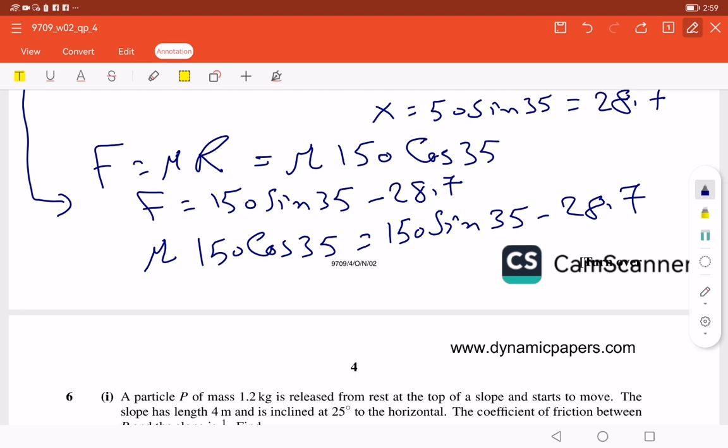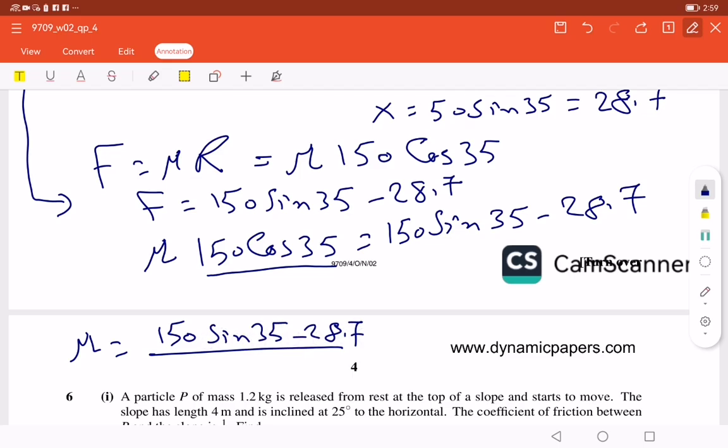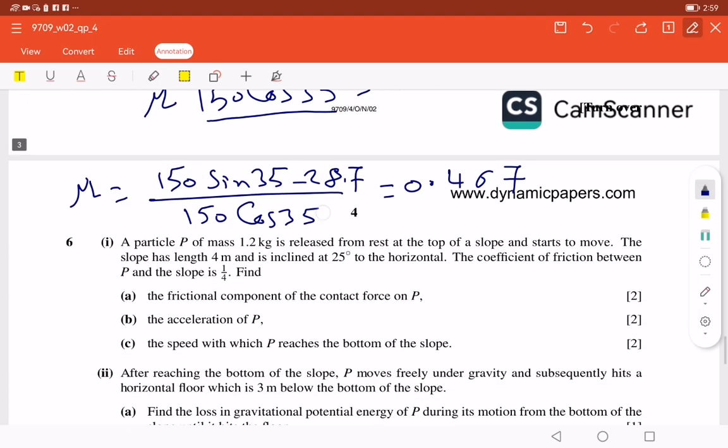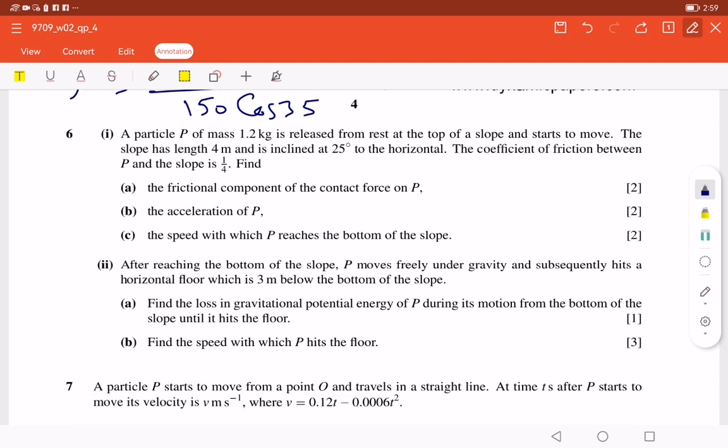Divide all sides by 150 cosine 35, so mu equals 150 sine 35 minus 28.7 all over 150 cosine 35. So mu using your calculator equals 0.467, corrected to 3 significant figures. It's okay? Yeah. Move to question number 6.